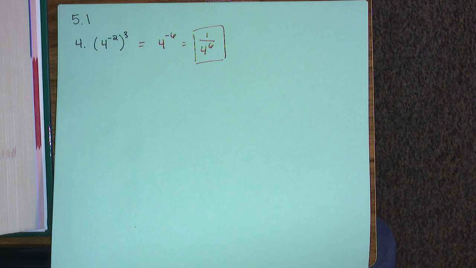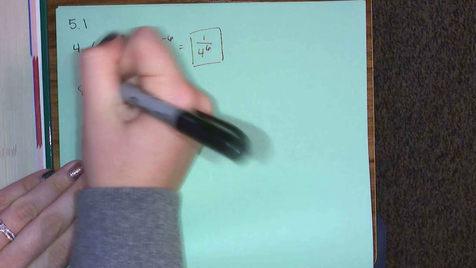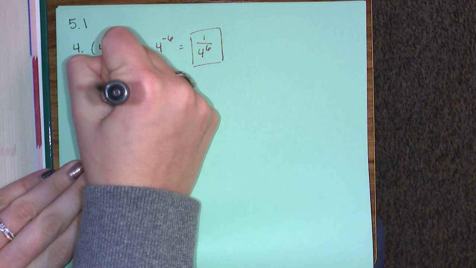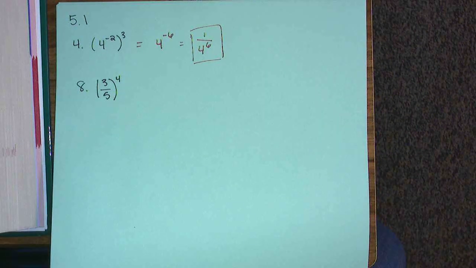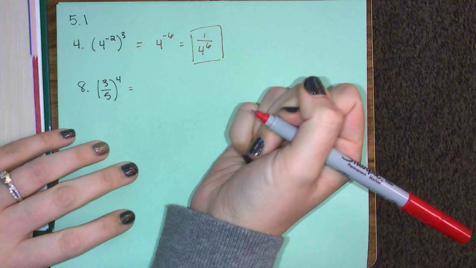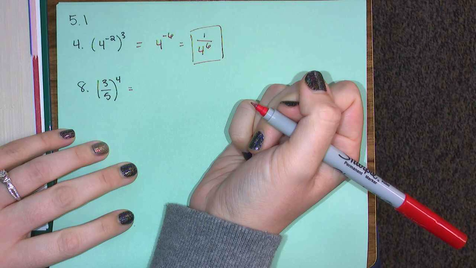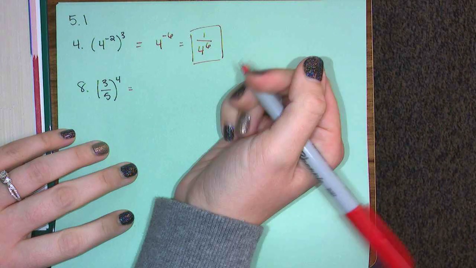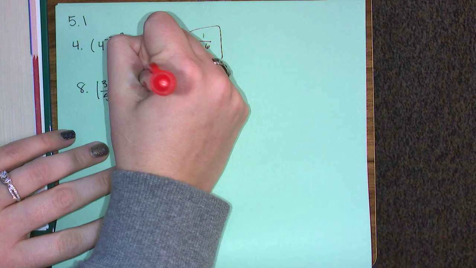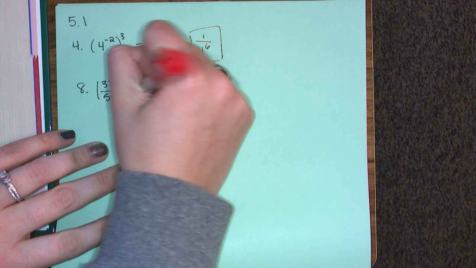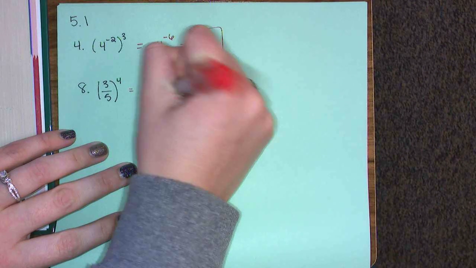Trying to get a variety here. Number 8, 3 over 5, raised to the 4. So what do we have? Okay, meaning, what do I do? Okay, so 3 to the 4 and 5 to the 4.